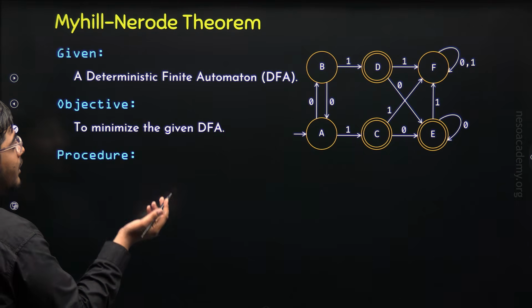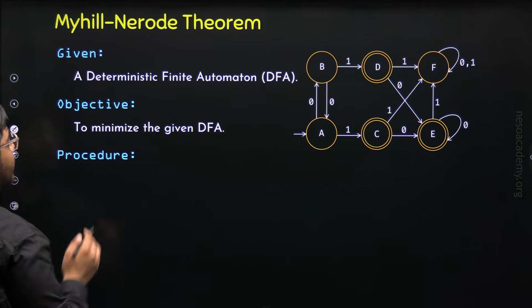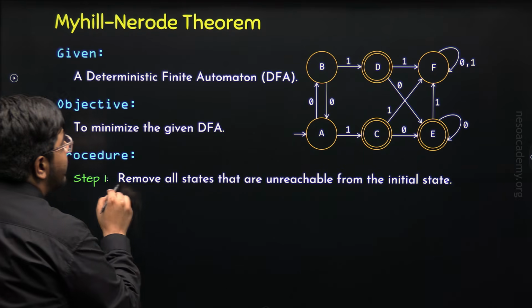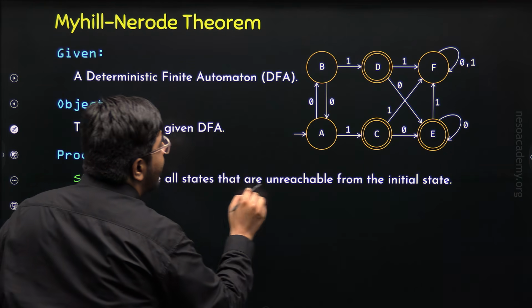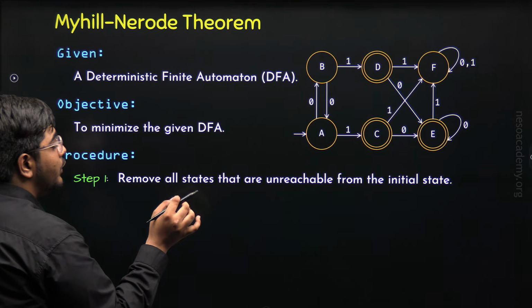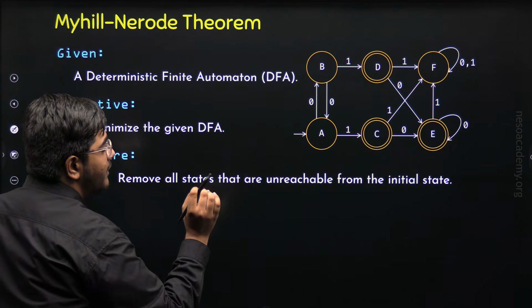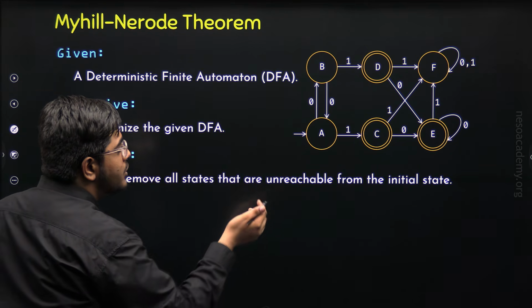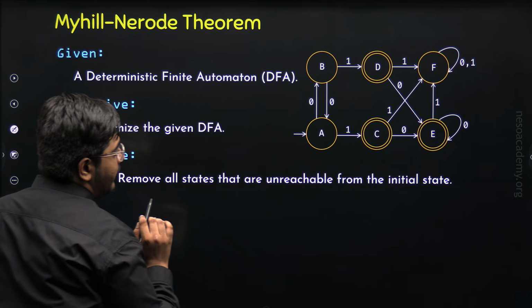Let's see the procedure for Myhill-Nerode theorem. Step number 1: remove all states that are unreachable from the initial state. So in step number 1, you need to remove all the states from this DFA that we cannot reach from the initial state of this DFA.